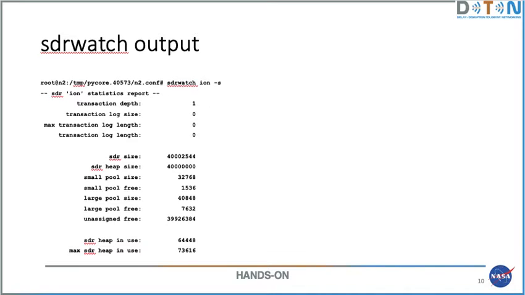So if there's a problem and something has managed to take that mutex and then fall over and die or not give it back, then SDR Watch won't return. It won't return because it's going to try to take a mutex to go look in the SDR, and it won't be able to if somebody else was holding the mutex and died.